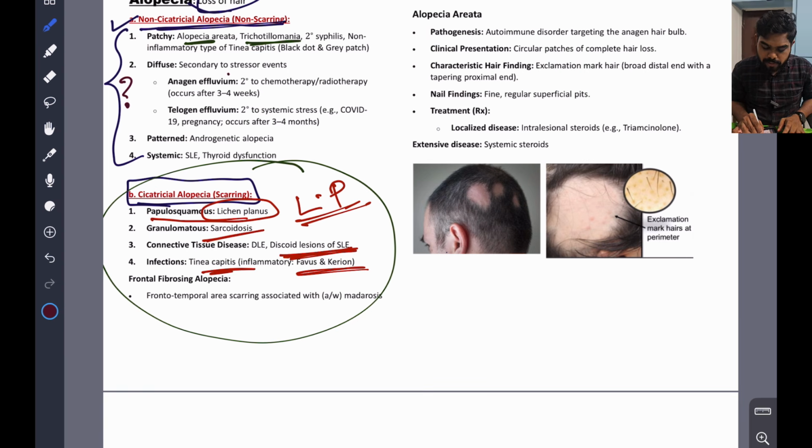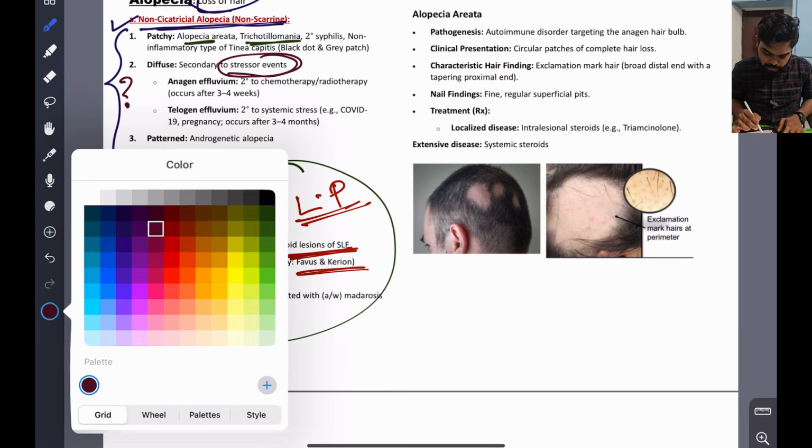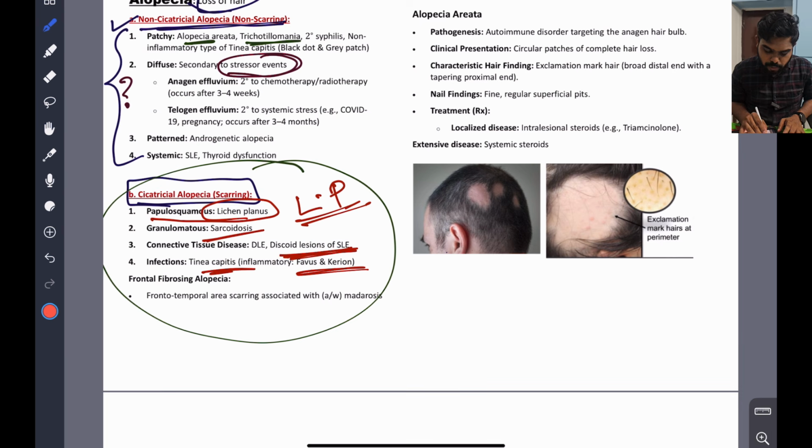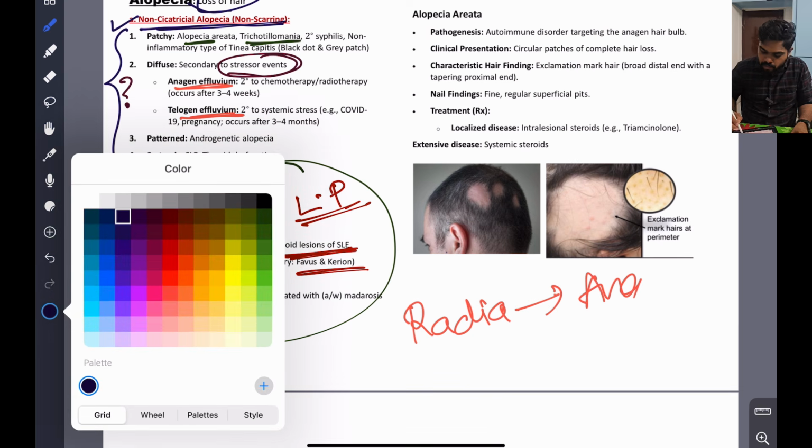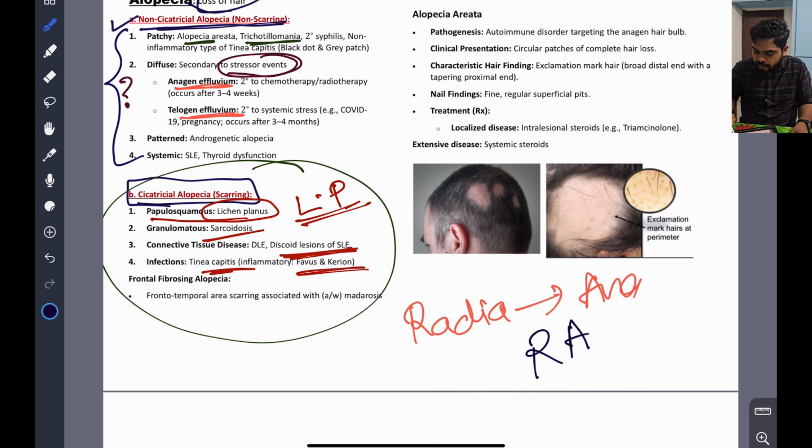Secondary to stressor events, it will lead to anagen effluvium and telogen effluvium. So anagen effluvium, telogen effluvium: radiation and chemotherapy causing anagen effluvium. So I will write like radiation, R, radiation for anagen effluvium.